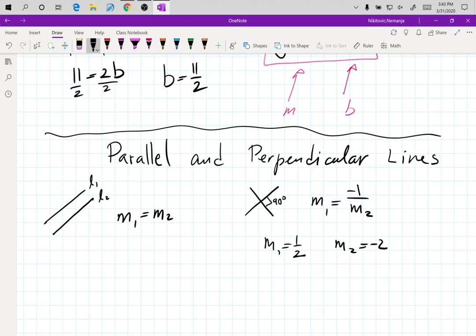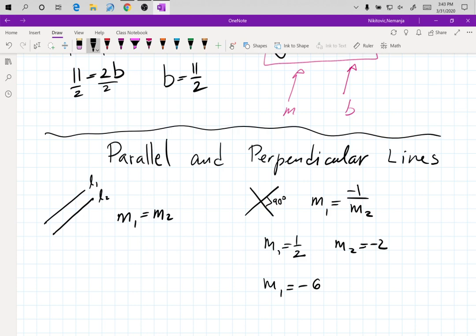Because you have to flip the fraction and you have to change the sign. So if I had 1 over 2, it becomes 2 over 1, right? And 2 over 1 is just 2. And then we have to change the sign because it was positive, now it becomes negative. Or let's say m1 is equal to -6.